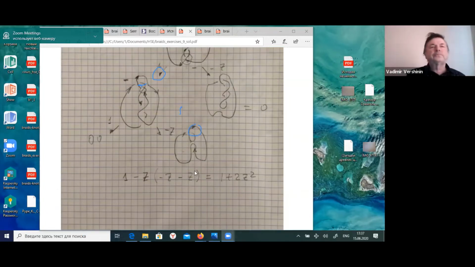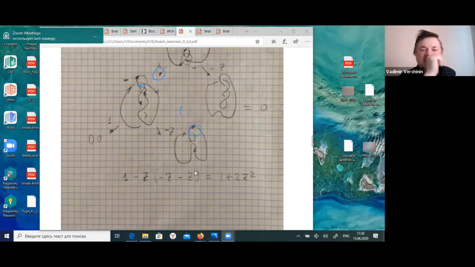So it's not like the Alexander polynomial of trefoil, which is 1 plus z squared. So we have that this is 1 plus 2z squared.